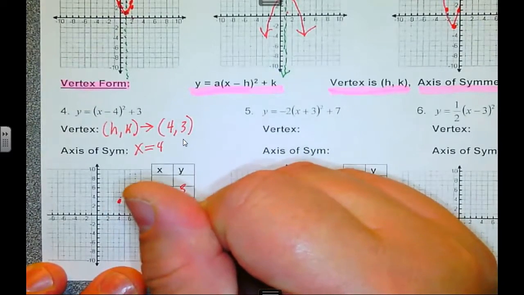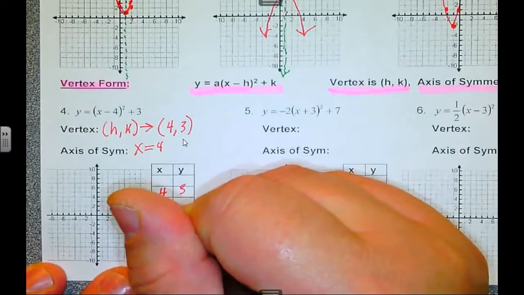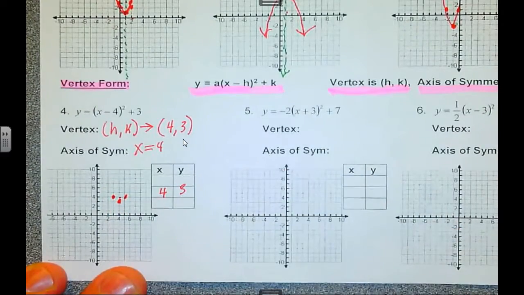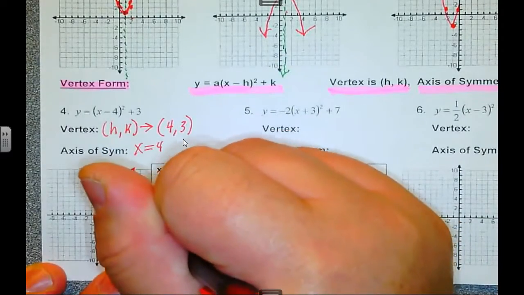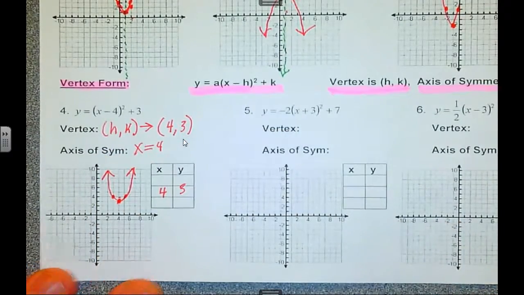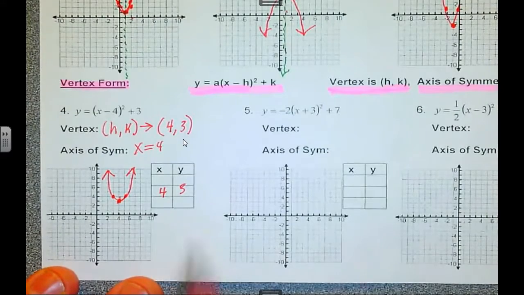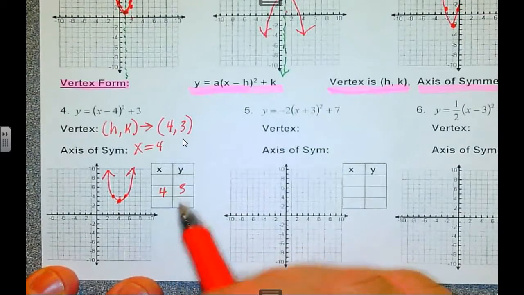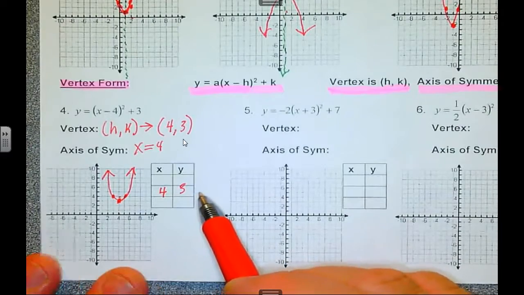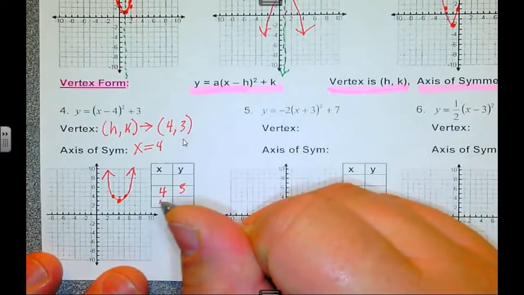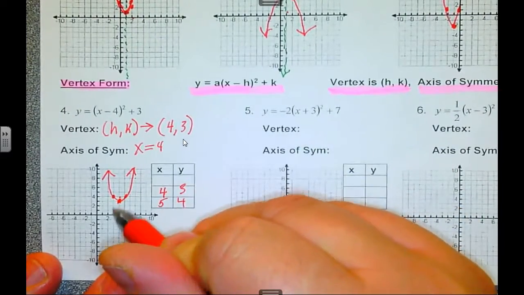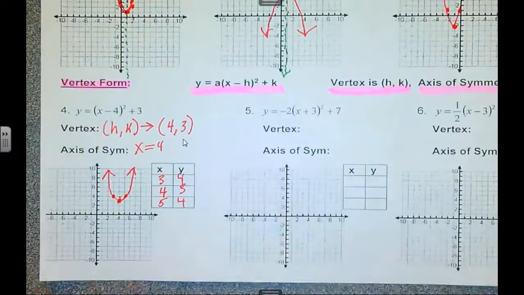So if I go up 1 over 1 and, because it's symmetric, go the other way, I got my 3 points. A lot easier than plugging it into a calculator, isn't it? If they ask you for the points on a test or a quiz, we could get that as (5, 4) and (3, 4).